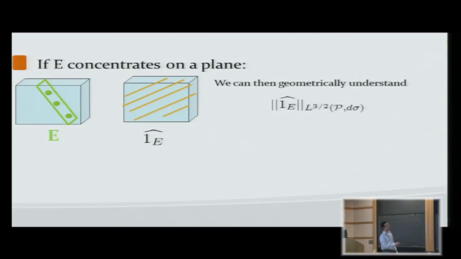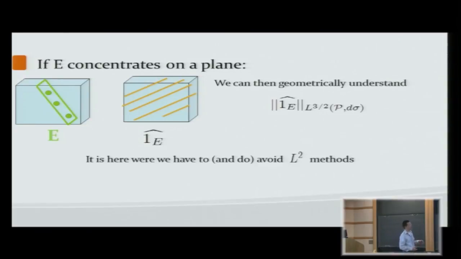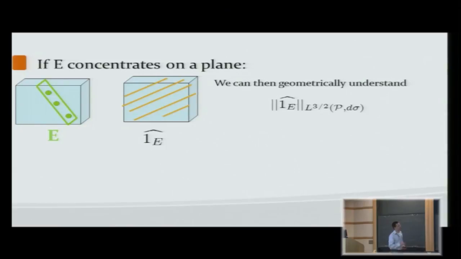Now, if it's a more complicated function, I can geometrically understand how these lines intersect the paraboloid. I can actually prove the full conjecture if my function lies inside a plane. Now, you can degrade this a little bit and say that even if your function is contained in a small number of planes, since we can prove the full conjecture for one plane, I can prove a weaker estimate.